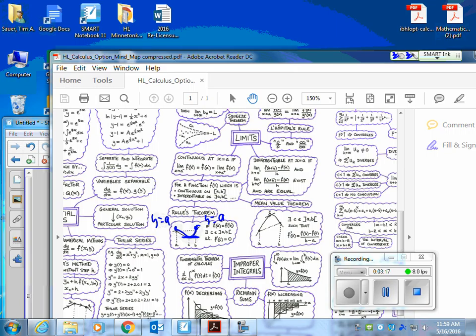Mean value theorem is if these points aren't the same y's. This one's y is equal to a, and this one's y is equal to b. You know, they're different. So then that slope somewhere, if it's differentiable, no cusps or any vertical asymptotes, somewhere the slope between those two has to equal that.